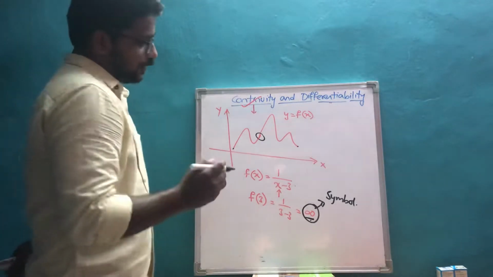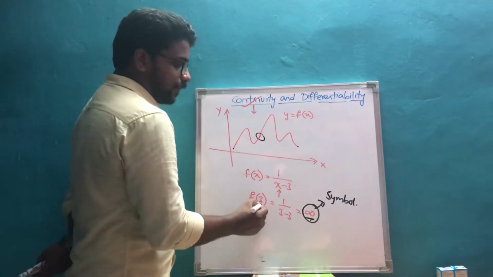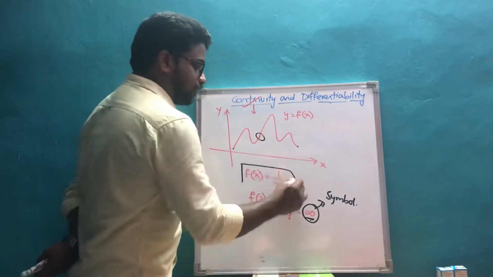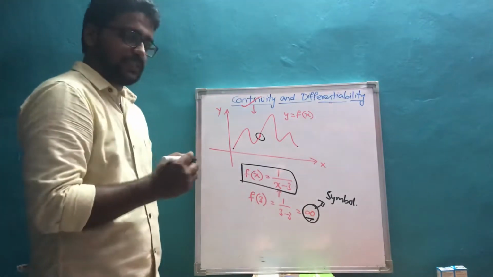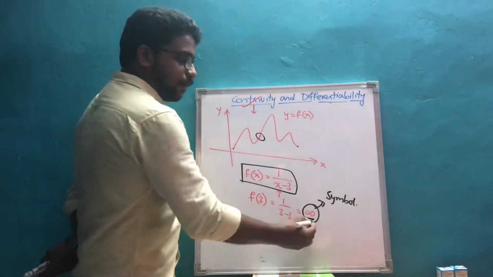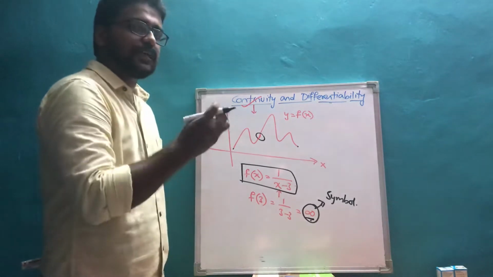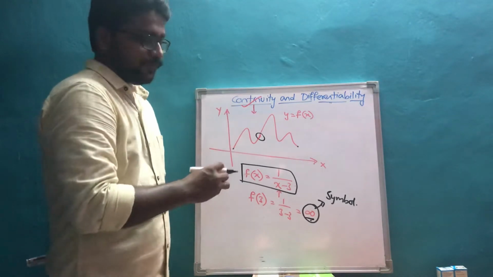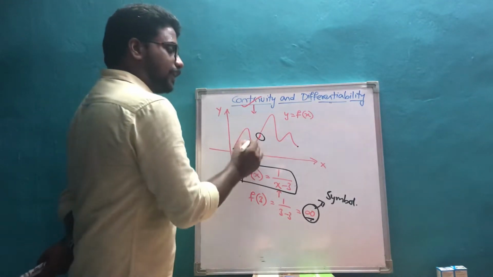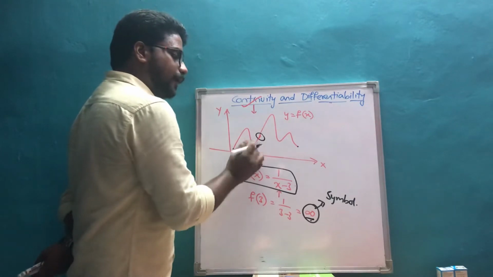Now observe what is happening if I try to plot this function f of x is equal to 1 by x minus 3. For sure I cannot plot this infinity because it is not a constant value, because of which there exists some particular gap at point 3.